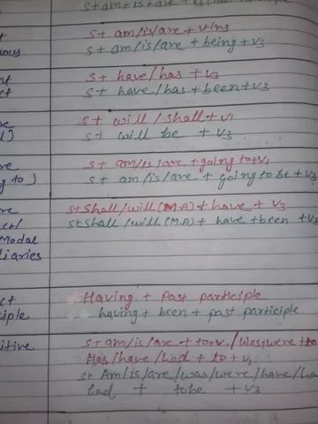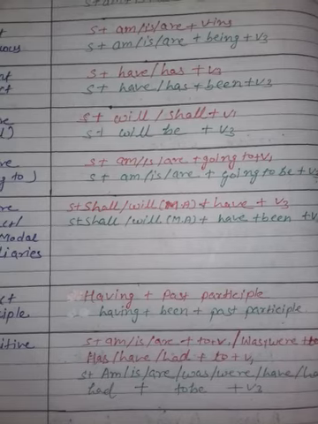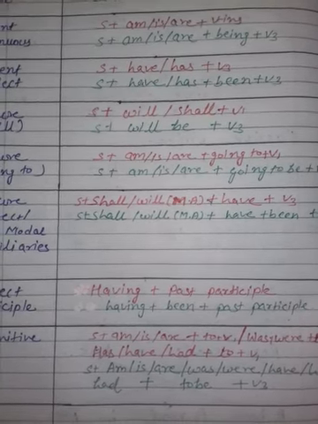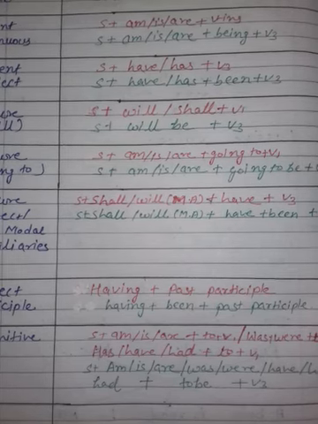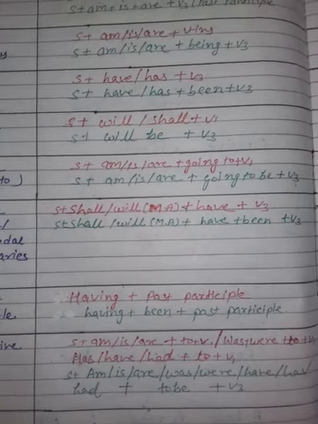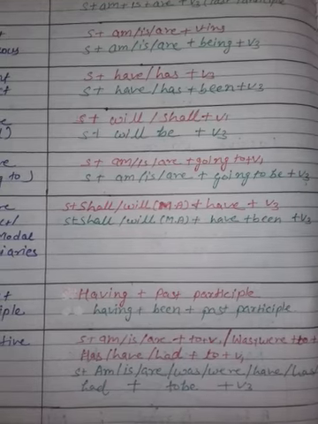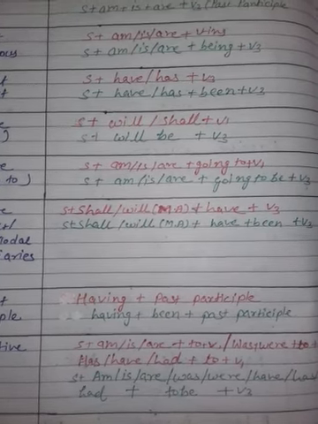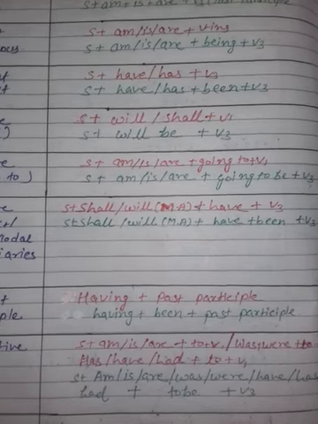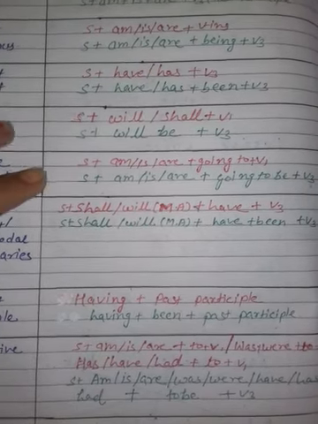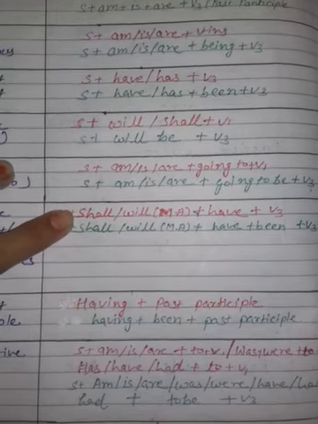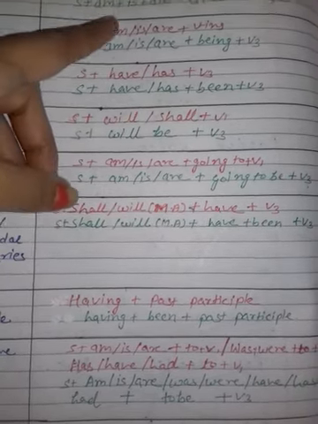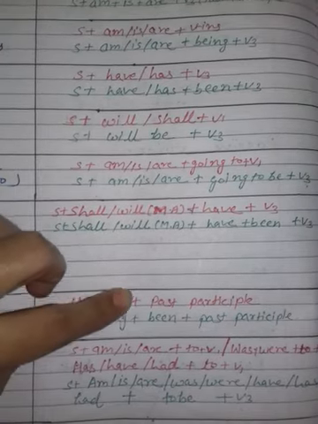It is the structure of active voice, and what is written in green pen is the structure of passive voice: subject plus shall/will, modal auxiliaries, have plus been plus the third form of the verb. So students, here we can see generally subject becomes object and object becomes subject, and we always use the third form of the verb. You have to remember the changes of helping verbs.